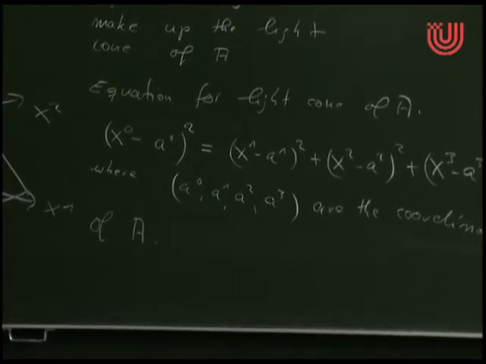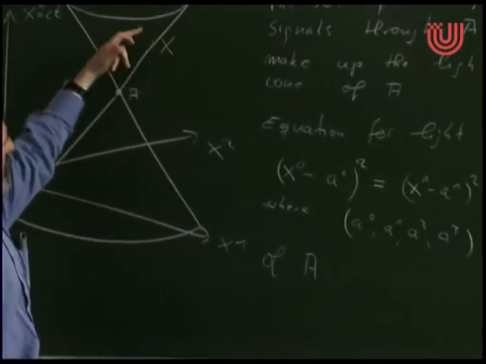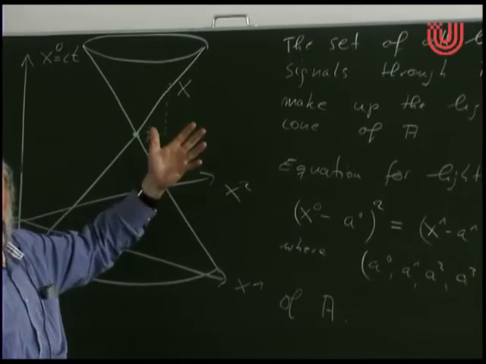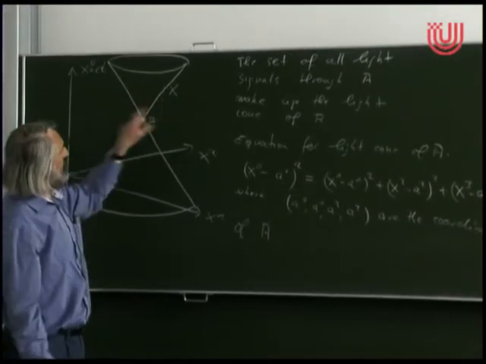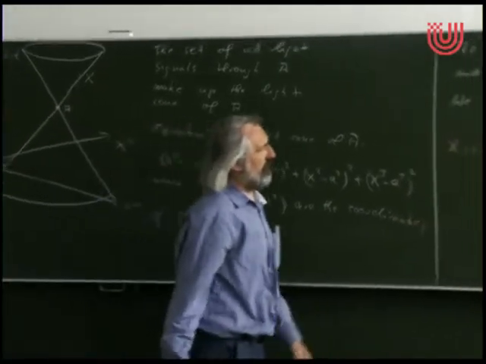Right? For light, if it's on the boundary, so if the two things can be connected by a light signal, then it must be zero. If it's inside, it must have one sign. And if it's outside, it must have the other sign.